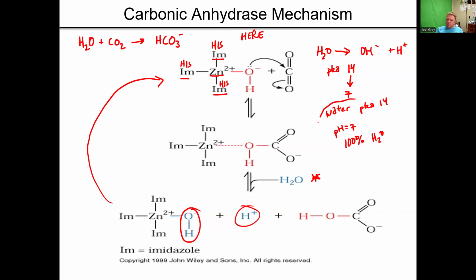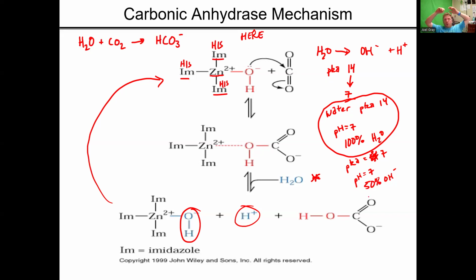Meanwhile, if by comparison water's pKa drops to 7 and is in an environment with a pH of 7, then about 50% of those water molecules are going to go to OH minus.